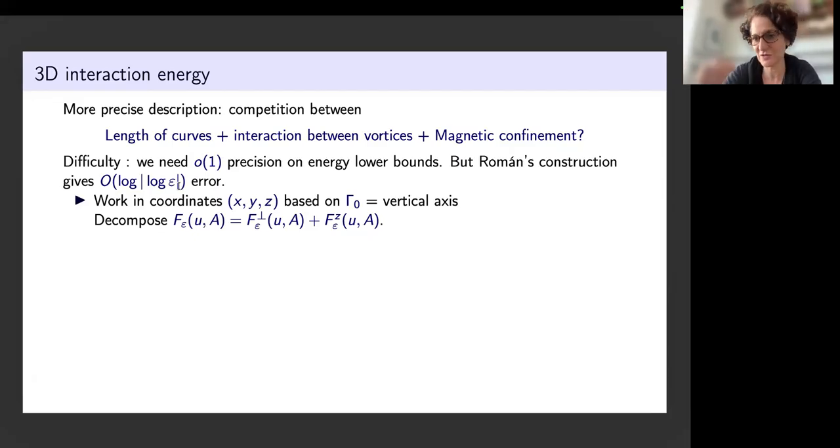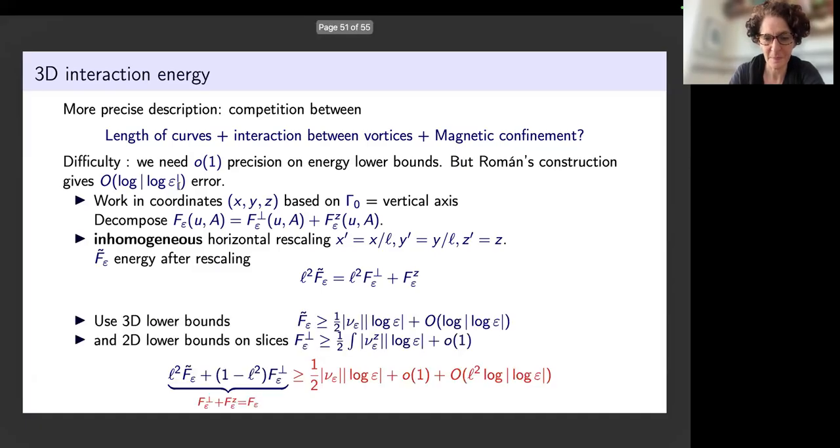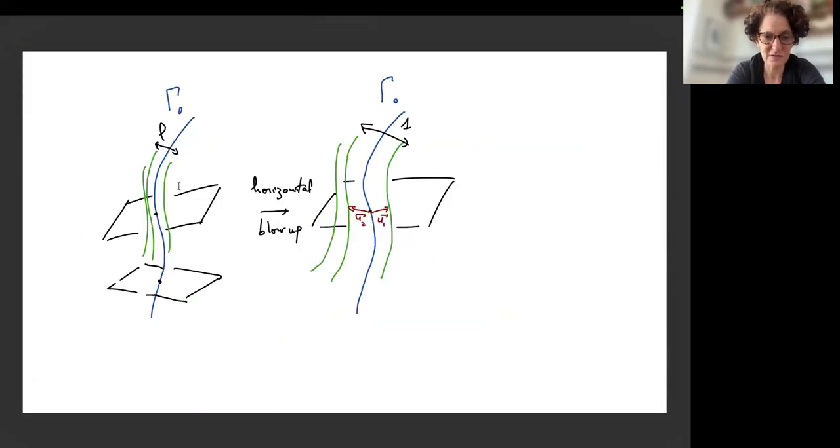So if gamma naught is vertical, then it's easy, it's the vertical axis, but if not, you're going to make a rescaling in the direction perpendicular to this gamma naught. And that is going to allow you to retrieve the precision that you were missing in that direction, and that's the direction where interesting things happen.